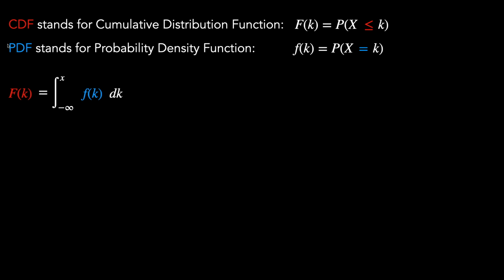So capital F of k, the CDF, is going to be equal to all of the values that k could take on all the way up to x. So always remember, just put the little x at the top of your integral. The bottom's going to start out at negative infinity unless we know something more about the situation.